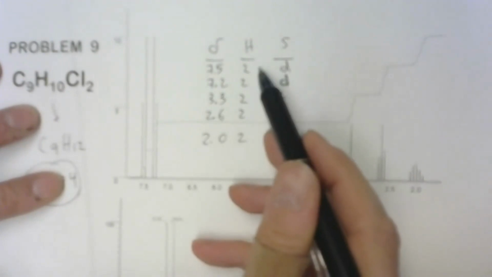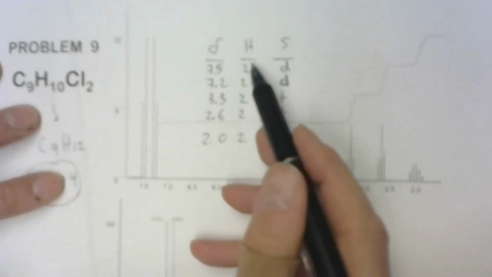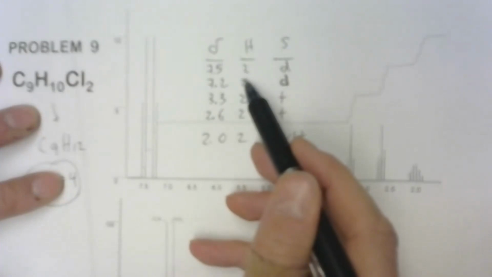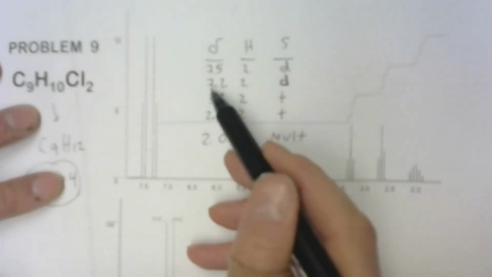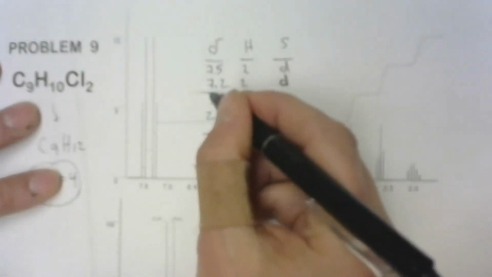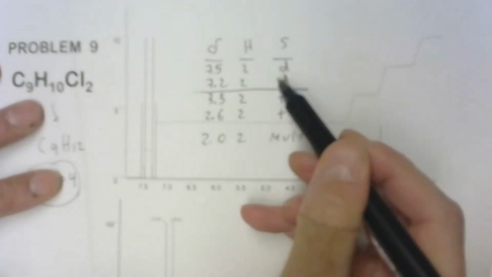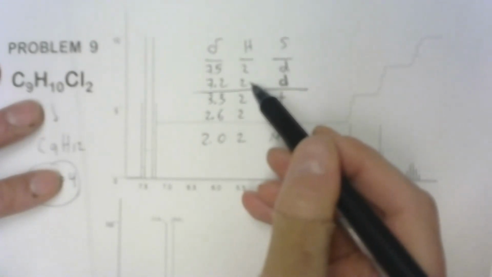What's 6 minus 4? 6 minus 4 is 2, so is it monosubstituted or disubstituted? There's 4 protons. That must mean there's 2 things left over, and we say it's disubstituted. I'm going to draw the line here. It's a disubstituted benzene, because there's 4 protons. There must be 2 things.